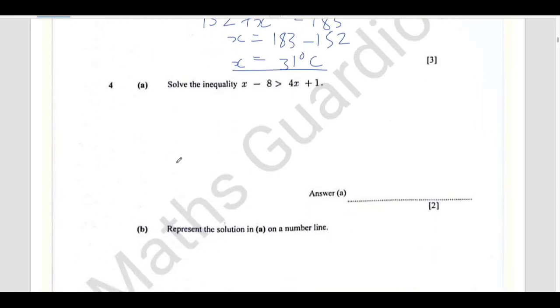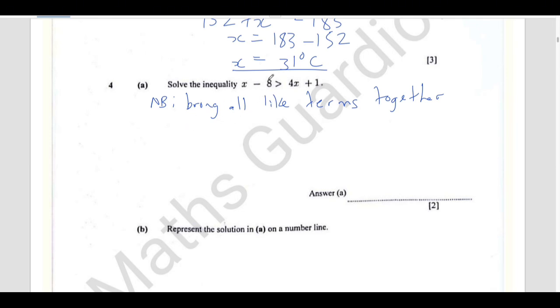4a. Solve the inequality x minus 8 is greater than 4x plus 1. Again, when we are solving inequalities or equations, the simplest way is to bring all like terms together and unlike terms together. So we can bring terms with x on one side, terms without x on the other side of the inequality sign.